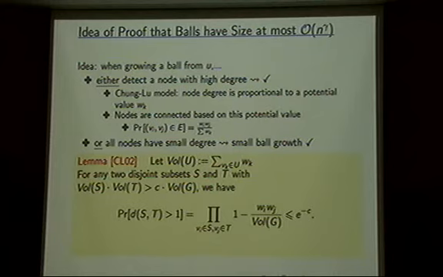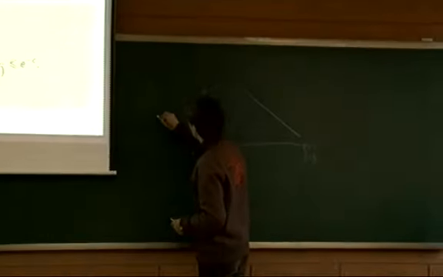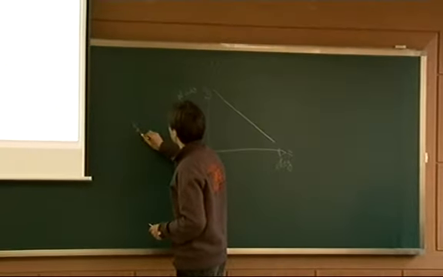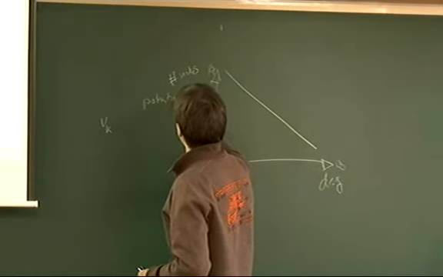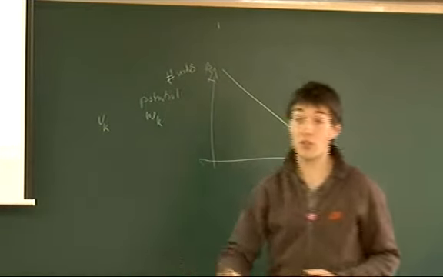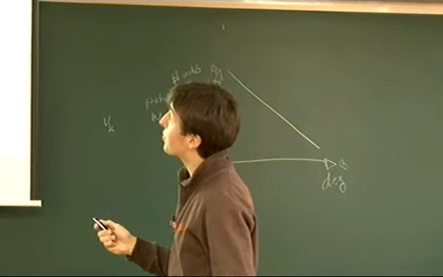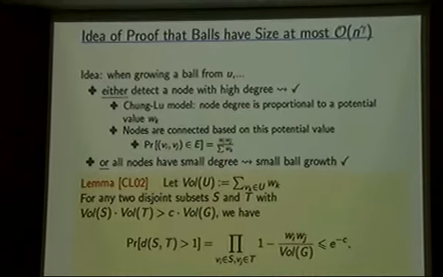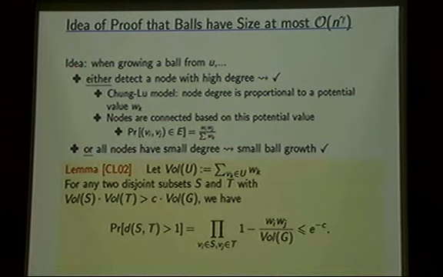So each node Vk gets a potential Wk, and then edges are inserted into the graph with this probability. The probability to have an edge between Vi and Vj is proportional to Wi Wj divided by the sum of all the weights.